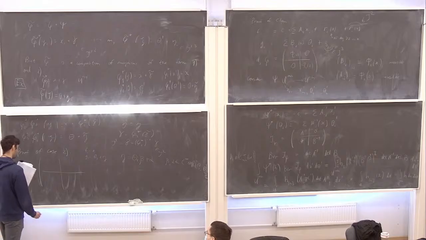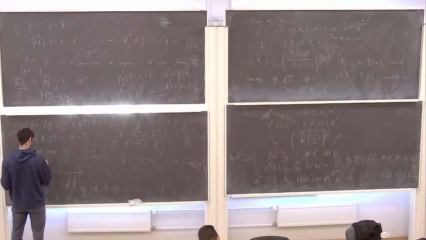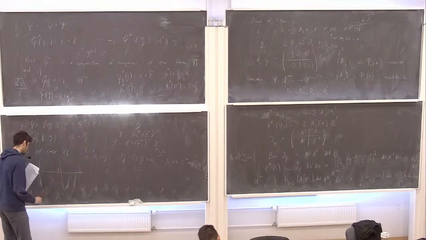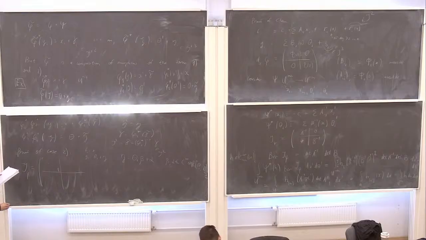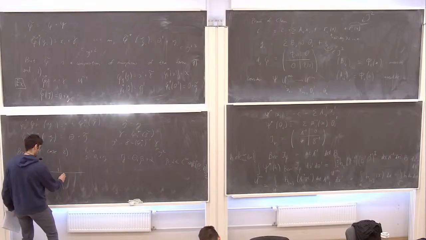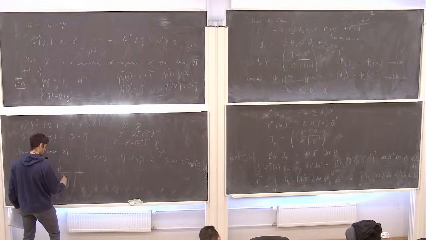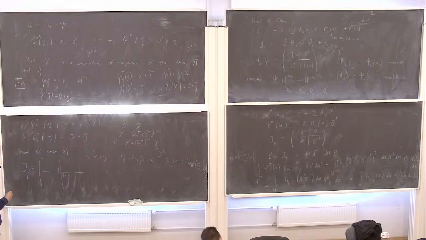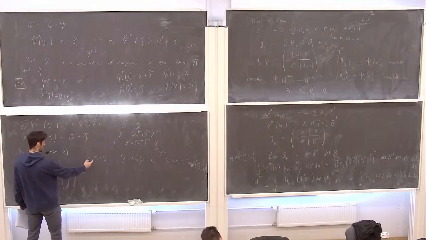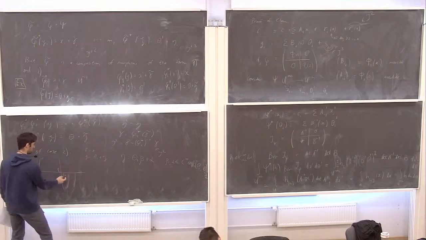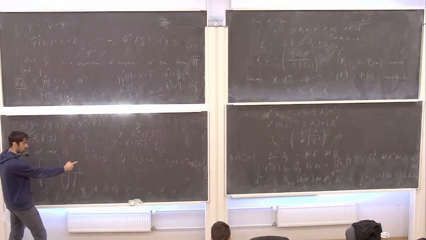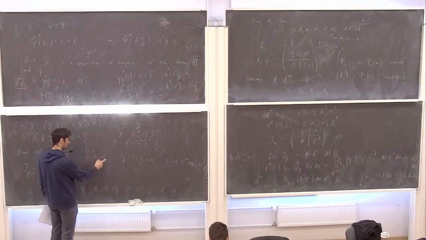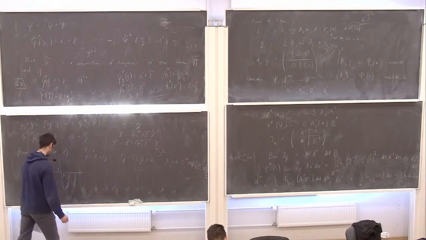I will have identity matrix here, and here I will have 1 plus beta, because this is the derivative of g_1 with respect to theta 1, so 1 plus the derivative of this, which is beta.